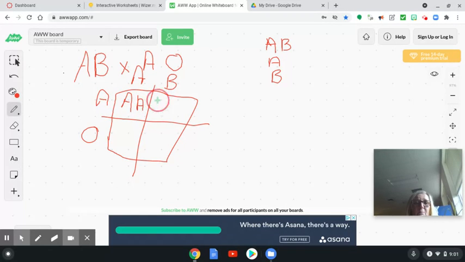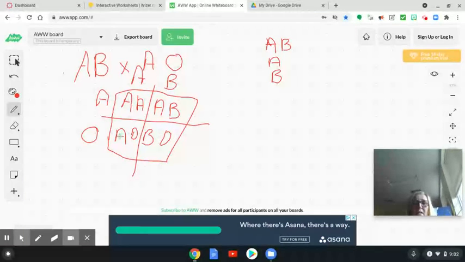This is going to be AB because the A is first. We have AO, and we have BO. So I believe that would give us the blood types that we needed: AB, A, and B.